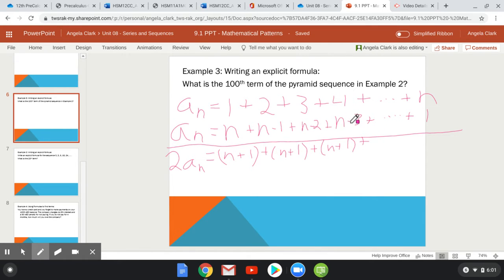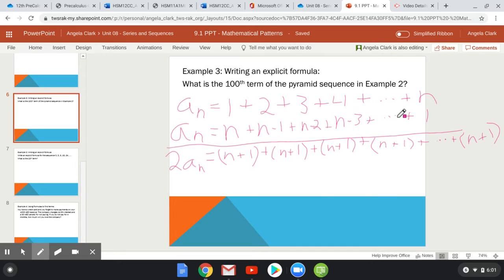Then 4 plus n minus 3: 4 minus 3 is just 1, so that's n plus 1. Hopefully we're seeing a trend. That's just going to keep happening. We're going to keep getting n plus 1, n plus 1, n plus 1, until finally here we just have n plus 1 again.